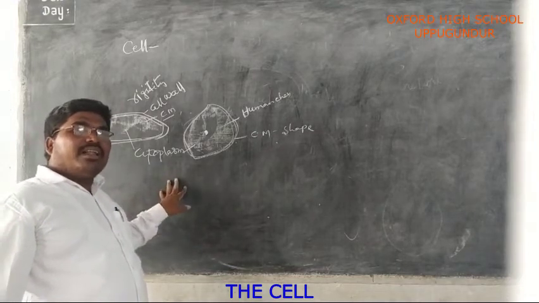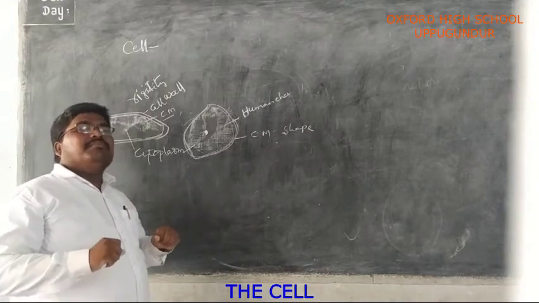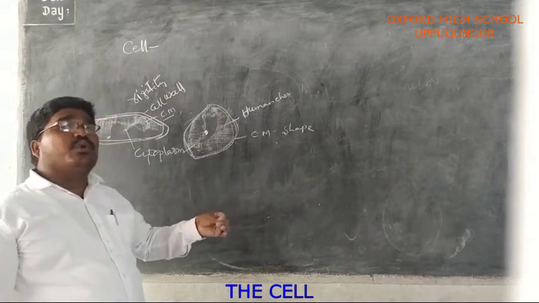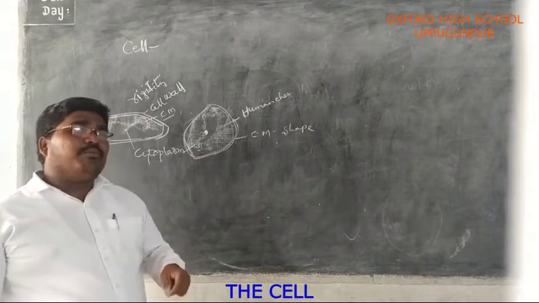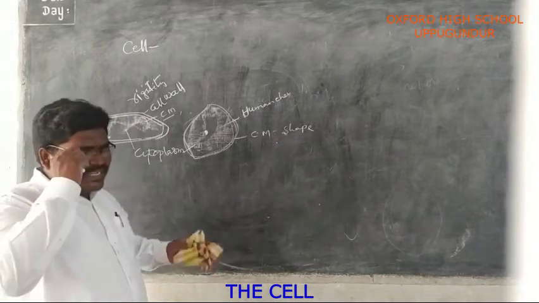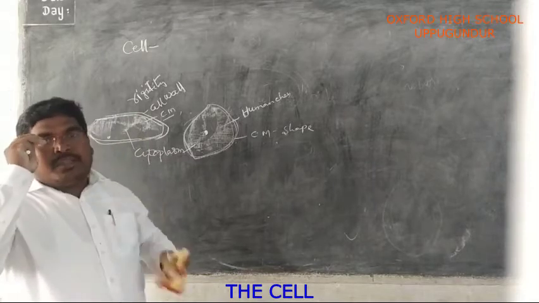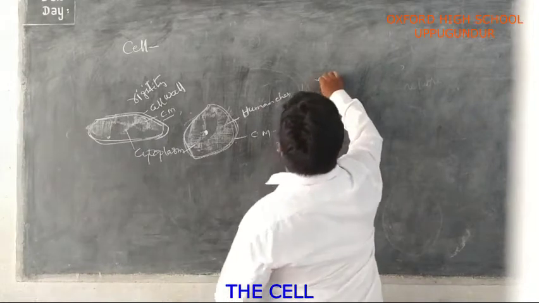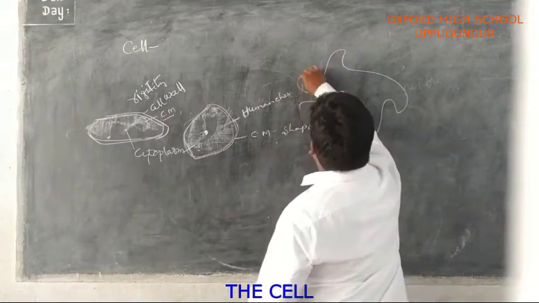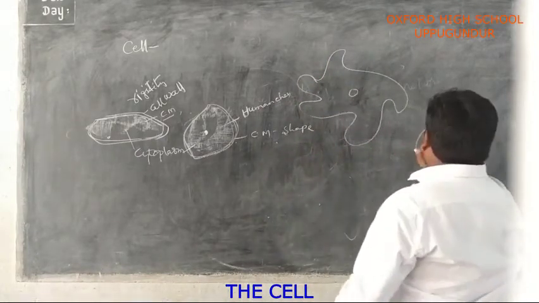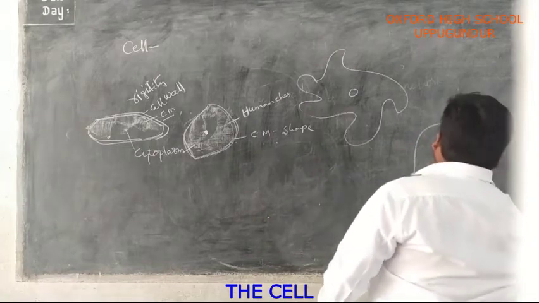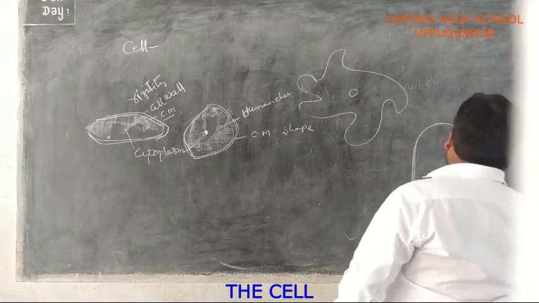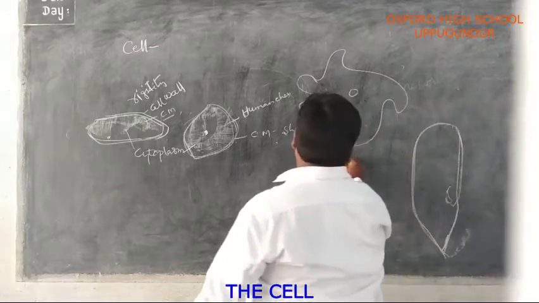In this living world, there are millions of organisms, from minute ones to the huge conifers. From minute ones, for example, microorganisms like amoeba, paramecium and chlamydomonas.